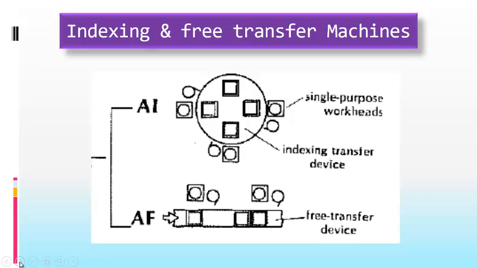And as I said, this is an indexing machine. But in the free transfer machine, as you see, it is a line machine where there can even be, between the stations, other fixtures waiting for the assembly head to assemble them, right?